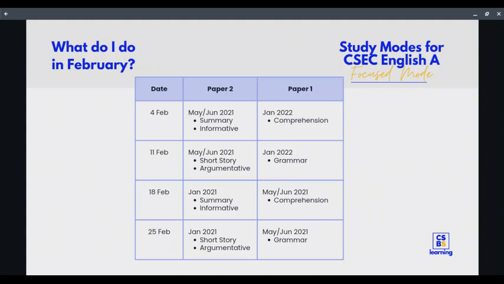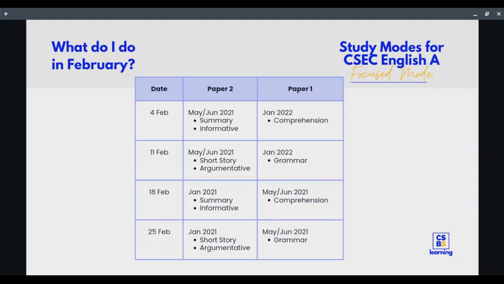For paper twos, you're going to work on summary and informative in one week. That's the section A question and the section B question in paper two. In the second week, you're going to do the short story and the argumentative, which will be the section C and section D questions.